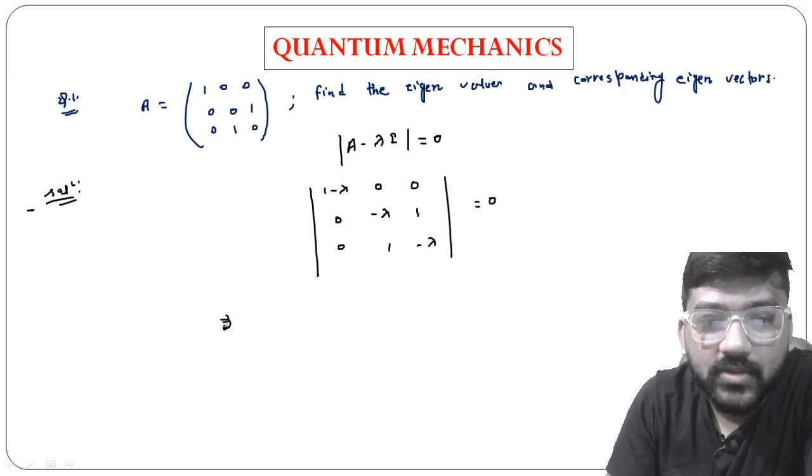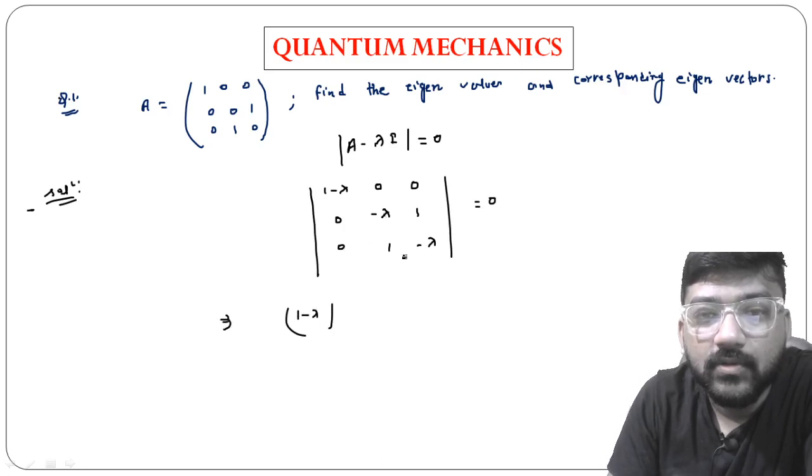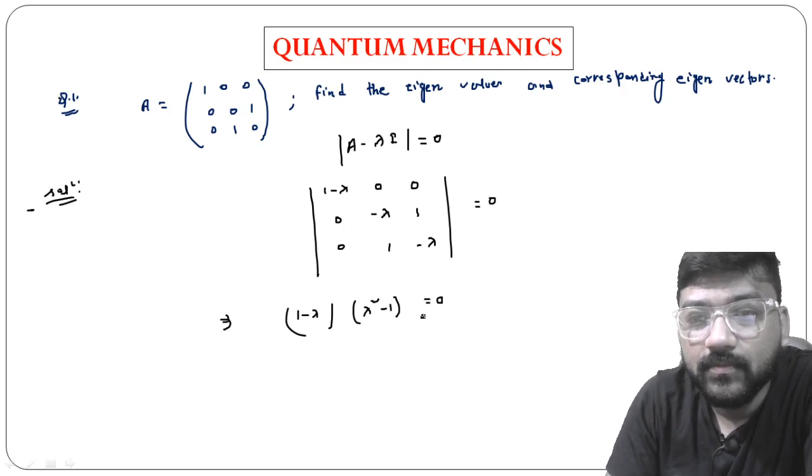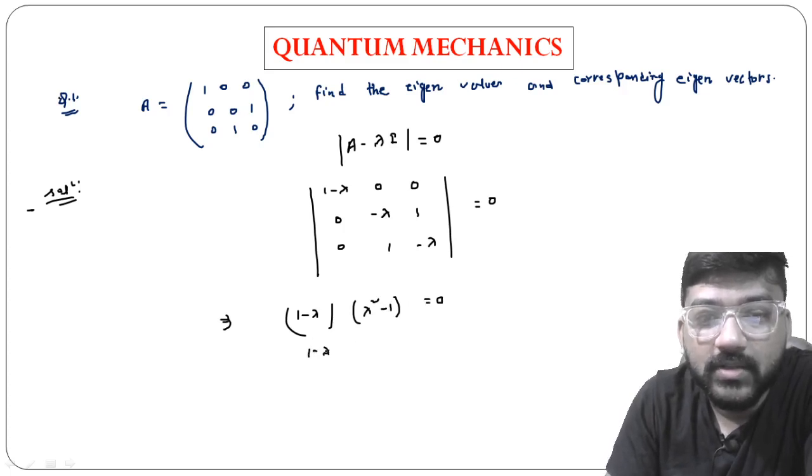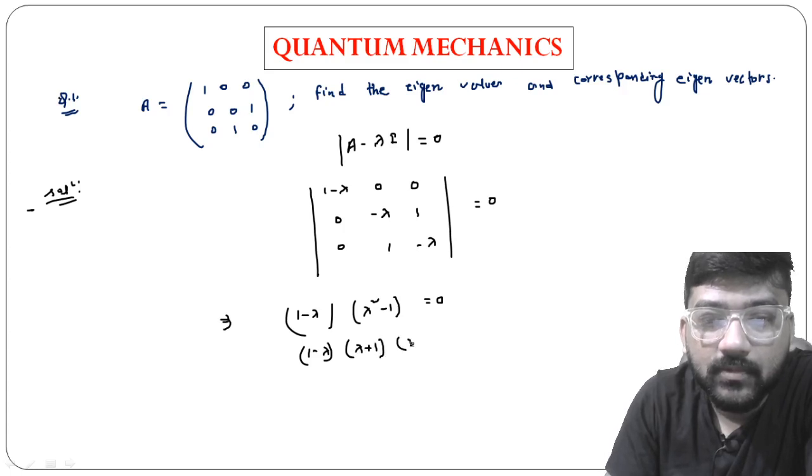Now if you solve this determinant, you will get (1 minus lambda) into (lambda square minus 1) equal to 0. That means we have (1 minus lambda) into (lambda plus 1) into (lambda minus 1) equal to 0. That means we have lambda equal to minus 1, 1, 1.